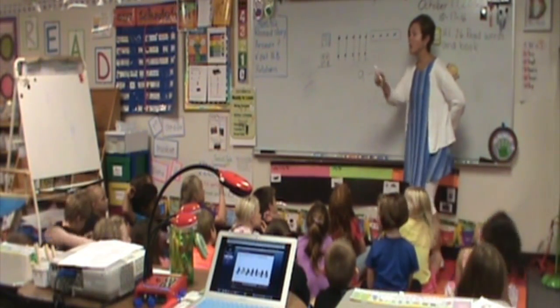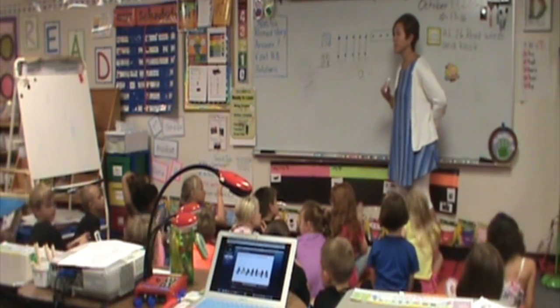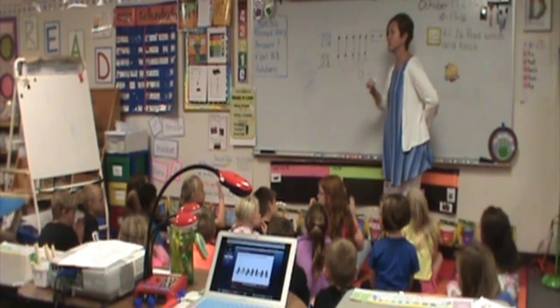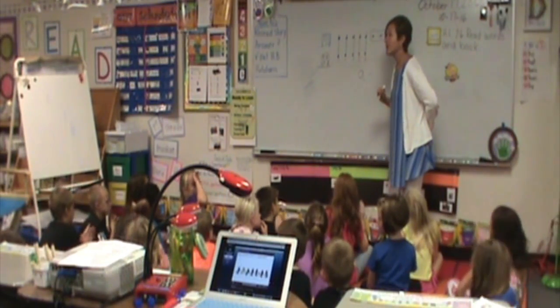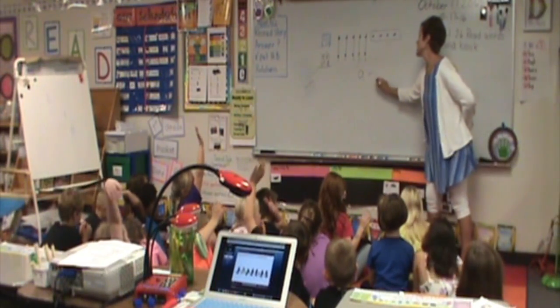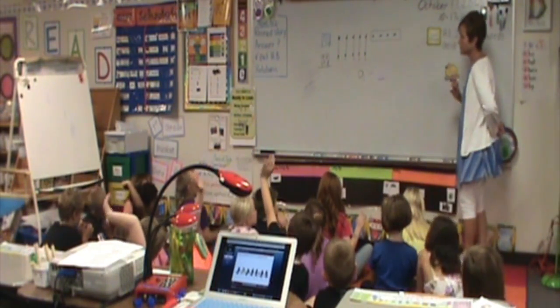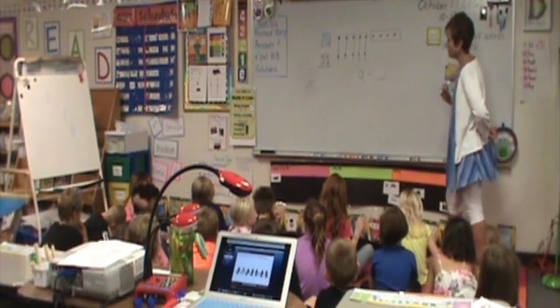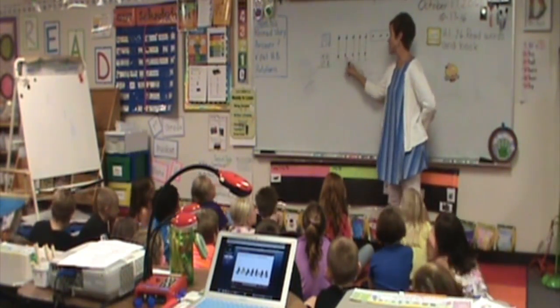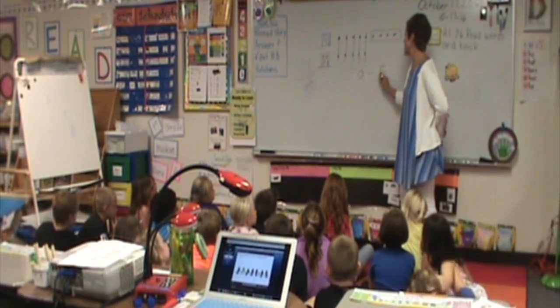How do I know? What did you have to do? Oh, what did I have to count? What did I have to count to find this number, Aurora? The polka dot hats. 1, 2, 3, 4, 5. 9 minus 5.